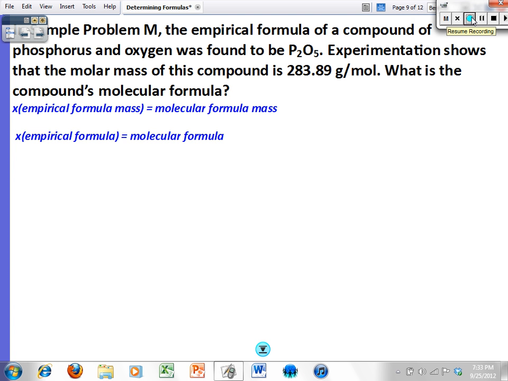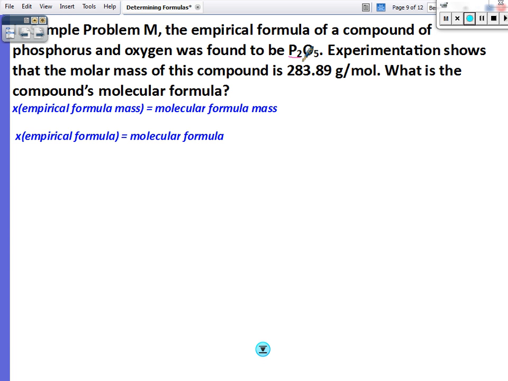Okay, so using sample problem M, the empirical formula is found to be P2O5. So I told you the first trick I'm going to tell you is to go from empirical formula to empirical formula mass. The easiest way of doing this is, you know you have 2 moles phosphorus and 5 moles oxygen.